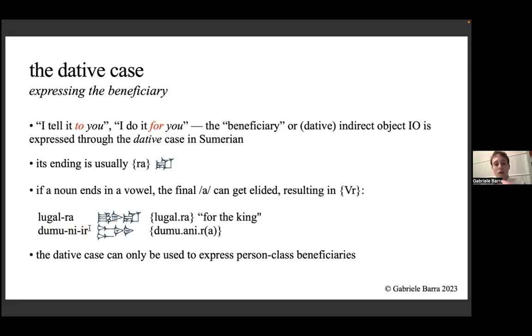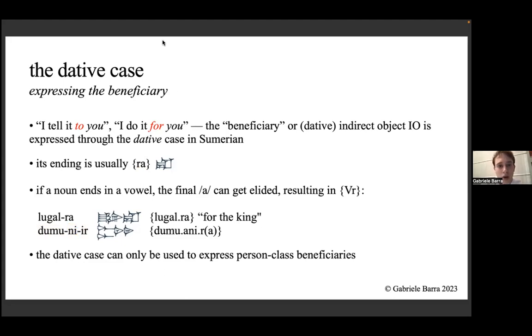So what happens when you have a word, or a construction, that ends in a vowel, is that the a of the ra gets elided, and what you're left with is just the r. So in this case, dumu, son, dumu ni, his son, dumu ni ear. The ear is basically the r from the dative ra and the e from, well, ni.